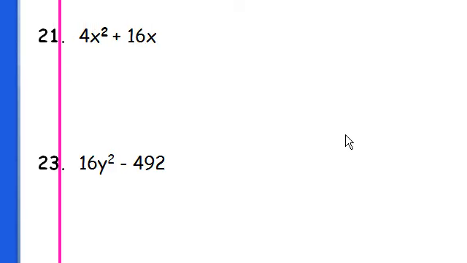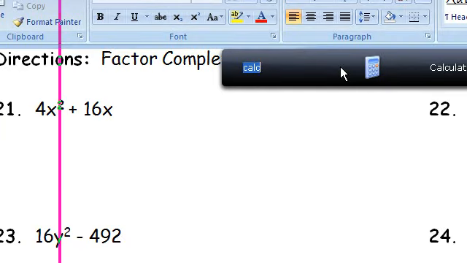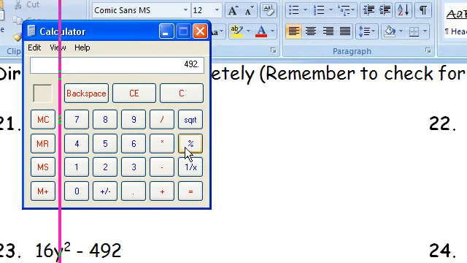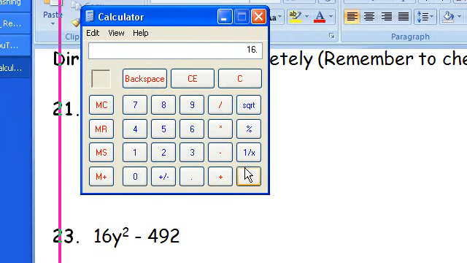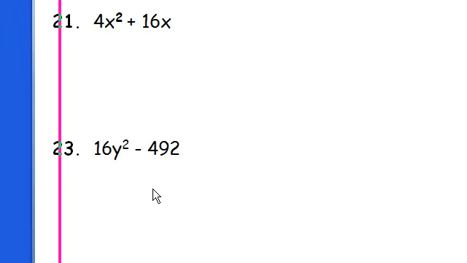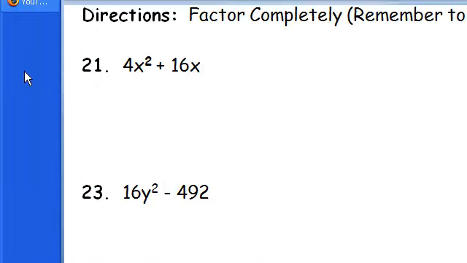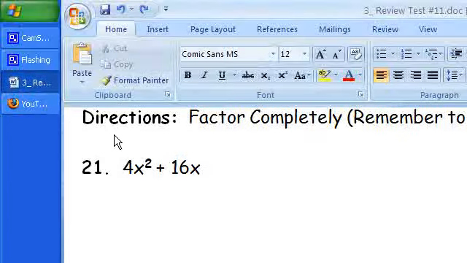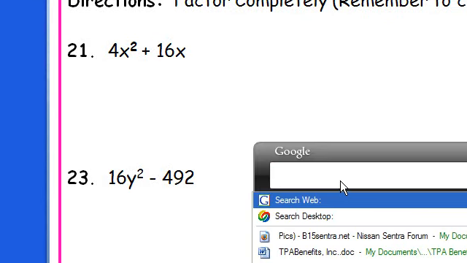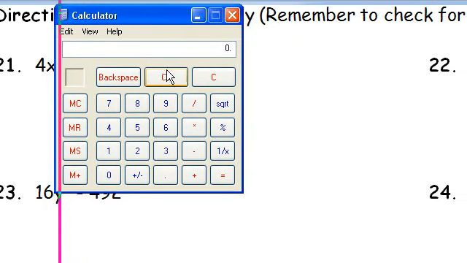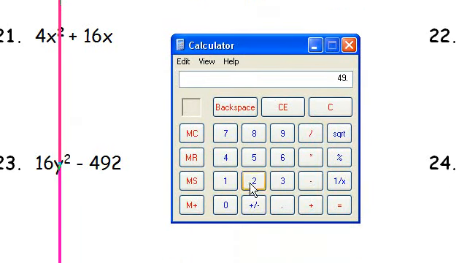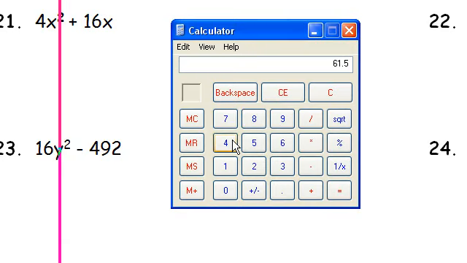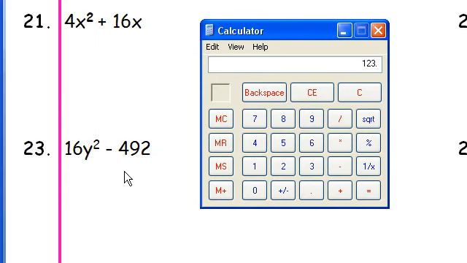Let's factor out a 16 from 492. 492 divided by 16. Nope, can't factor anything out there. Let's try factoring out a 4. Let's try 492 divided by 4. Okay, so there we go.